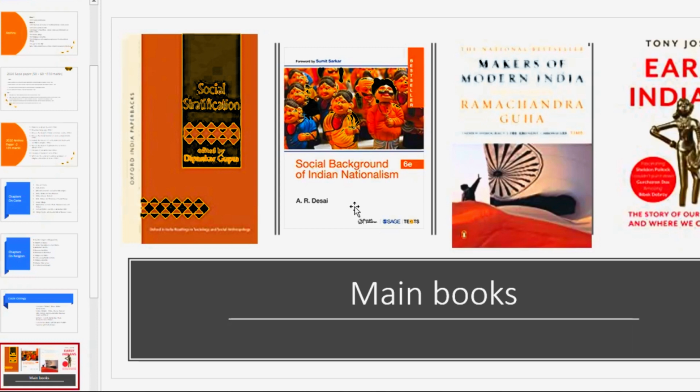And then thoughts of various thinkers I took from Ramachandra Guha's book. And Early Indians by Tony Joseph gave me a lot of clarity on origins of the caste system, race and caste interaction, and how Indian civilization evolved. So this book helped me to update the discussion on the caste.